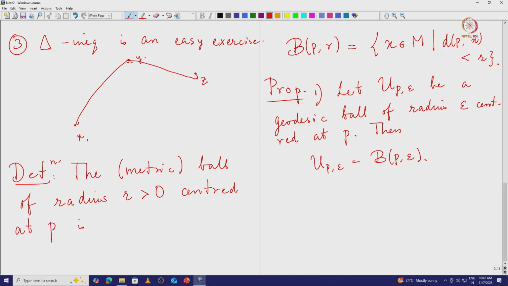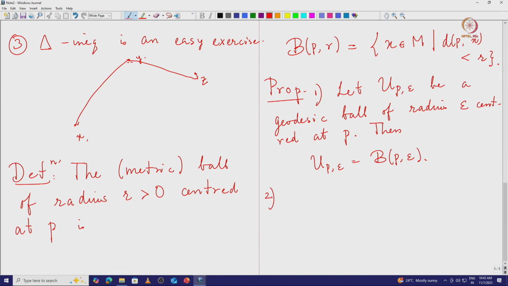But one key difference is that for metric balls your radius R could be arbitrary, whereas for geodesic balls, because they are diffeomorphic images under the exponential map, your epsilon can a priori only be in a small range, between 0 and some small number.